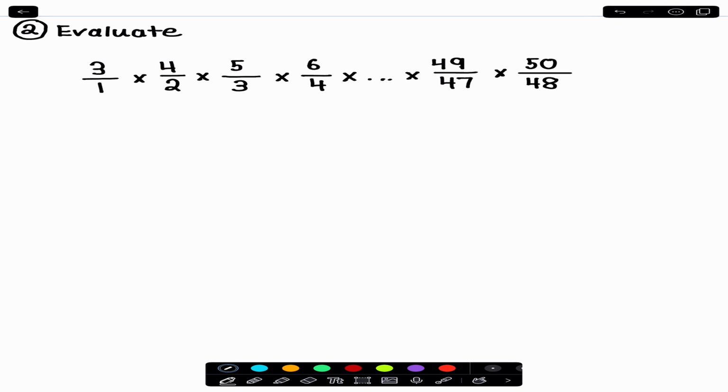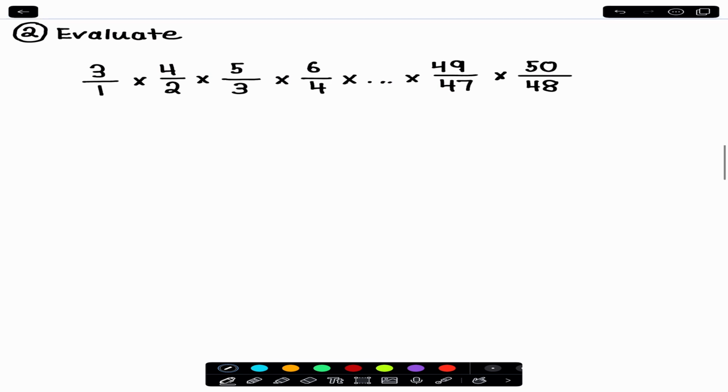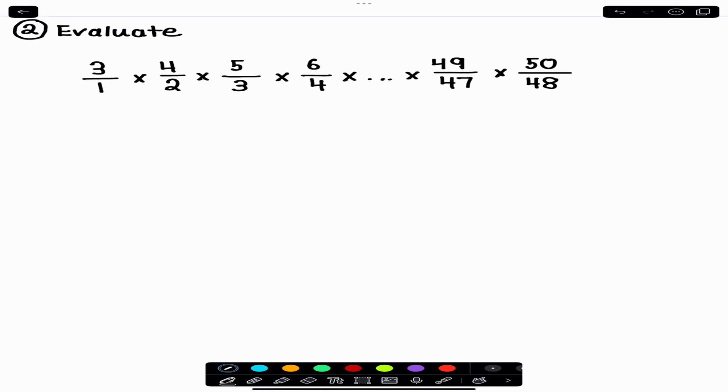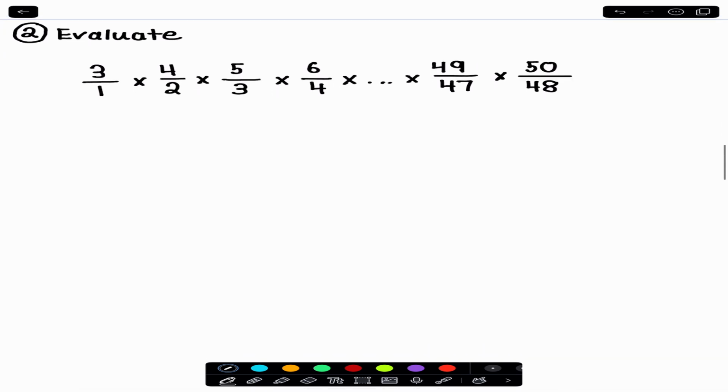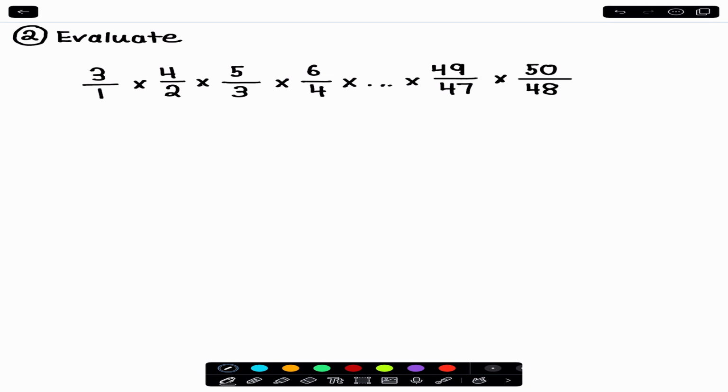So, I told you about 3 common setups, and we're going to be addressing each single one. If the first setup was the sums and differences, you might be able to guess what this one is. So we have to multiply a bunch of these fractions. Now, there's a lot of them, and as I said before, I'm not going to cover the inefficient method this time because we only care about the telescoping.